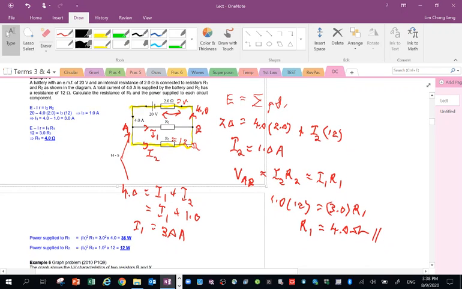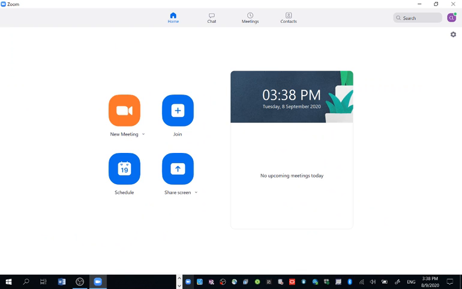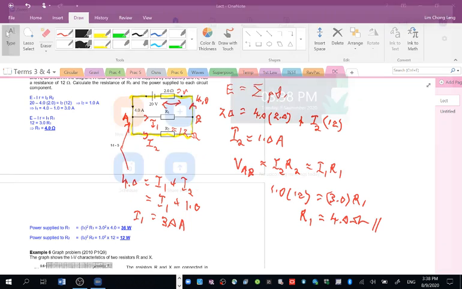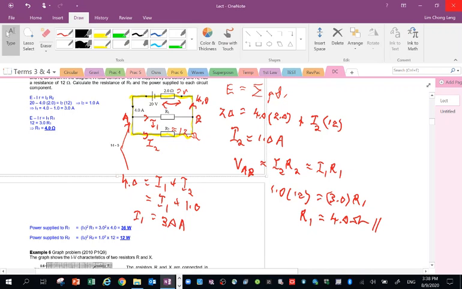Power supplied, you use I squared times R. So I have 3 ampere squared times 4, so 36 watt dissipated in resistor R1, and 1 ampere squared times 12, so 12 watts dissipated in R2. Okay, so this is the solution.